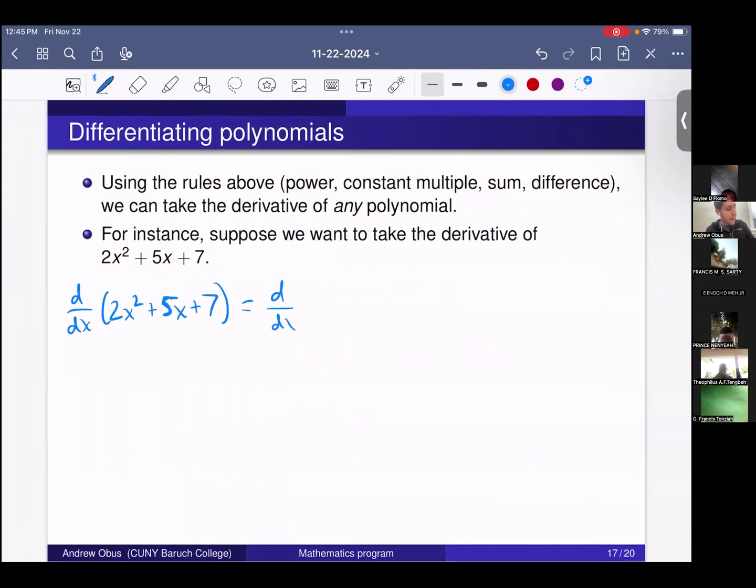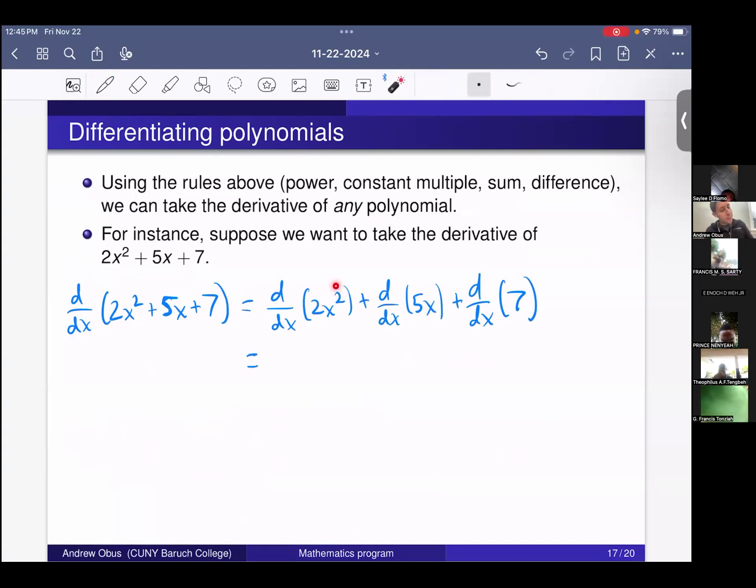This is d/dx of 2x squared plus d/dx of 5x plus d/dx of 7. Now using the power rule along with the constant multiple rule, the 2 comes down and is multiplied by this 2, so that gives us 4 times x to the 1.